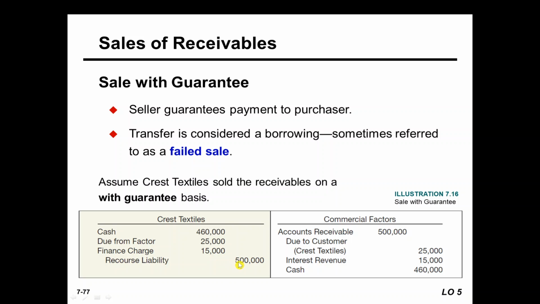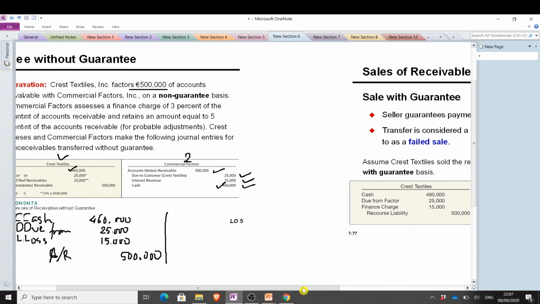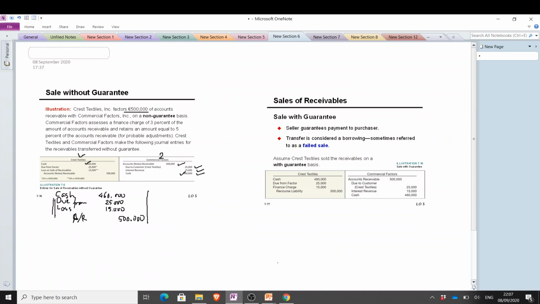The liability, you can see the difference here. I have it side by side here. If you look at this account, this is recourse liability. It is a liability recorded here. It is not the sale of receivable. It is the sale of receivable, but with a guarantee. So it is a liability of 500,000.